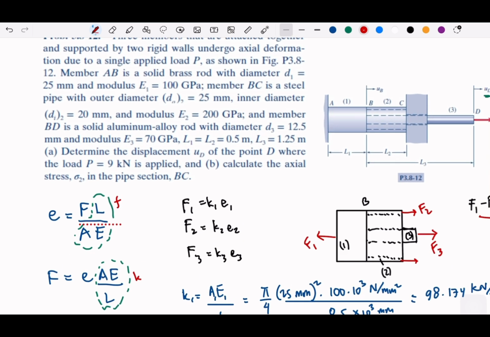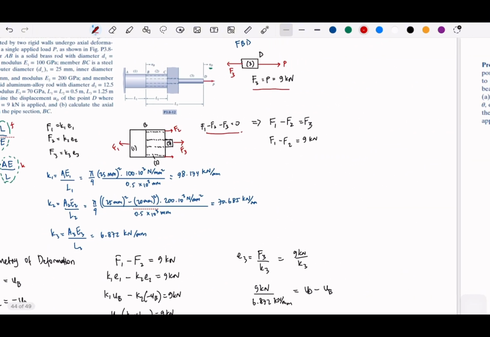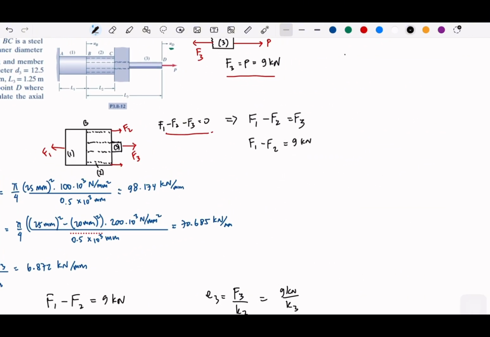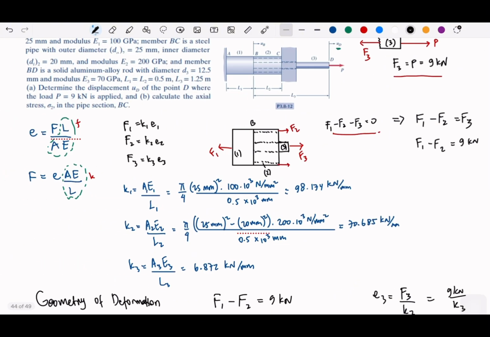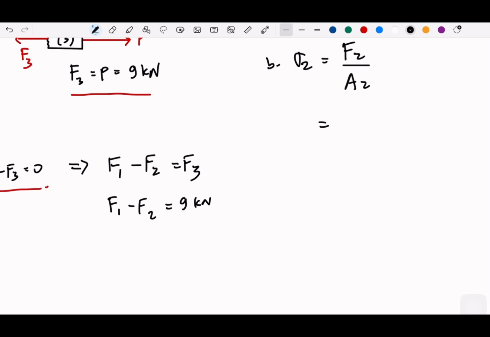The second one is compute the axial stress in the BC section. So for part B, the axial stress on element 2, or in the BC section, is F2 divided by area 2, right? And F2 we get from this part, K2 E2, and we have everything to compute, right?